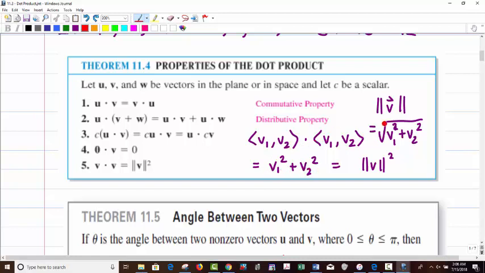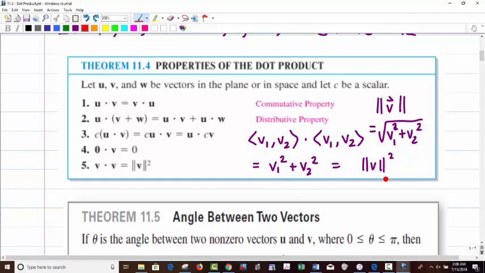So that's your result. Now over here, this is kind of disorganized a little bit, sorry about that, but the magnitude of v is the square root of v1 squared plus v2 squared. So if you square that magnitude, you get rid of the square root, and then it equals this result right here.